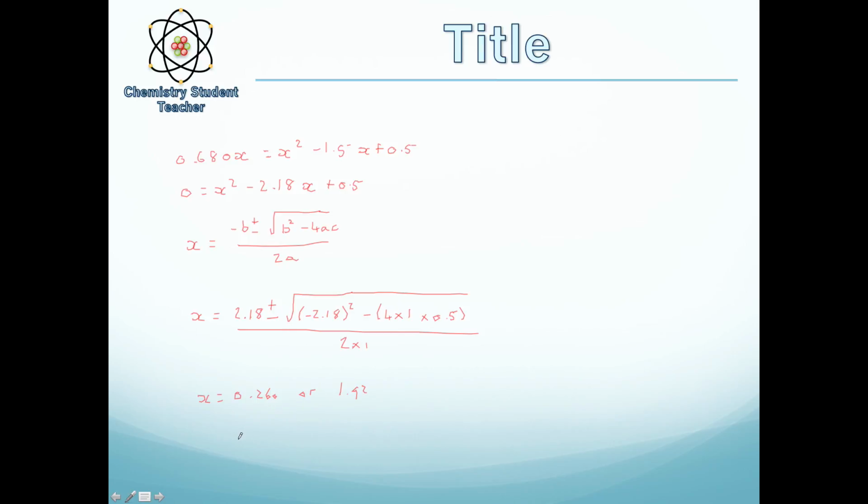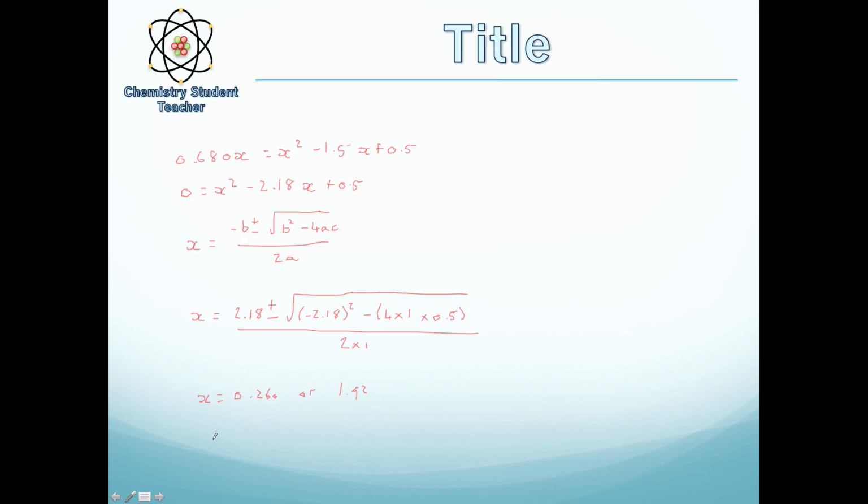Because we know the original concentration of Cl2 was 1, and the original concentration of CO was 0.5, and the value at equilibrium is 0.5 minus x, or 1 minus x, depending which product you're looking at, you can't have 0.5 minus 1.92, because if not, you'd have negative chemicals. You can't have negative chemicals.